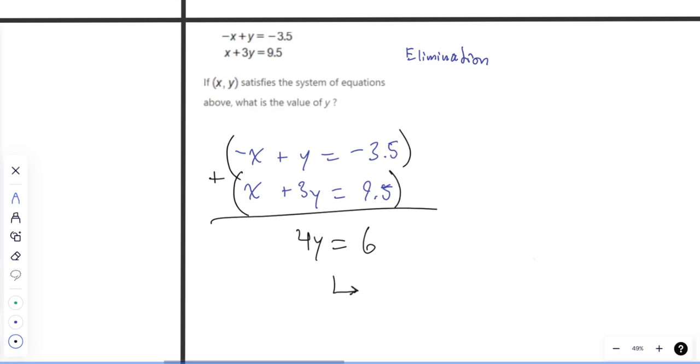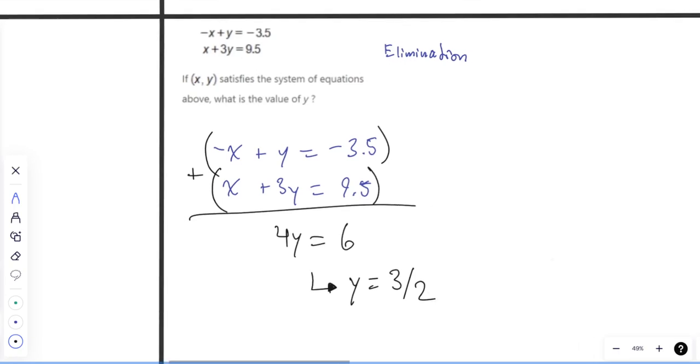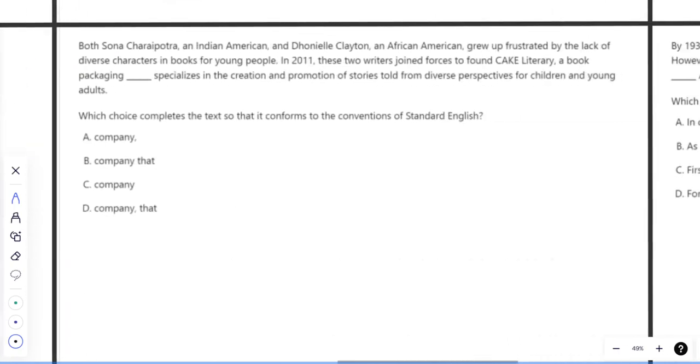So when I divide by 4, y equals 3/2. Technically, y equals 6 over 4, but I simplified it as far as I could. Anyways, not too bad.